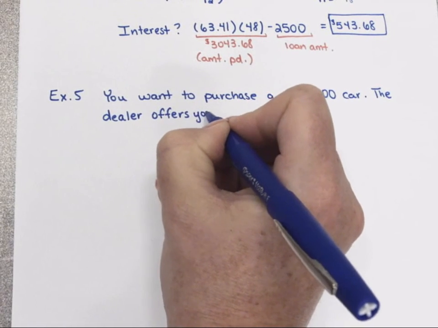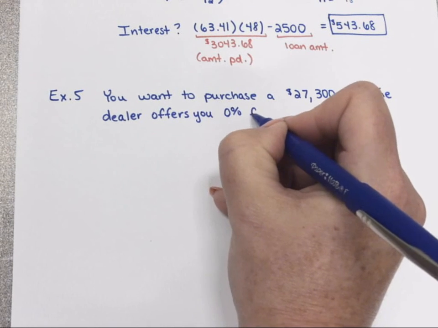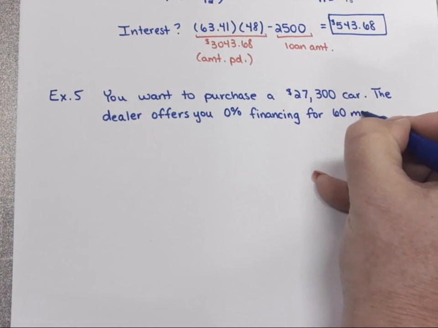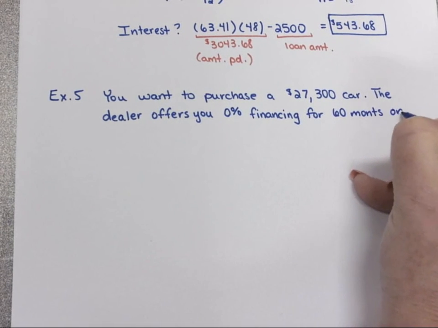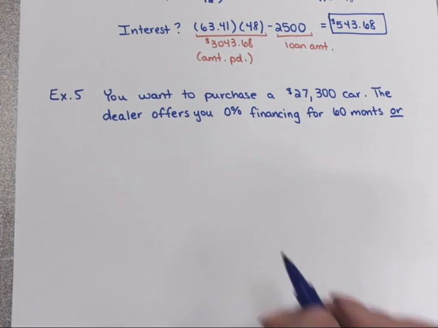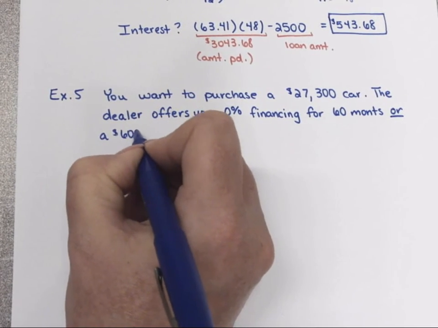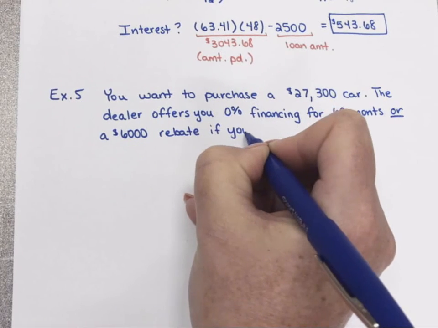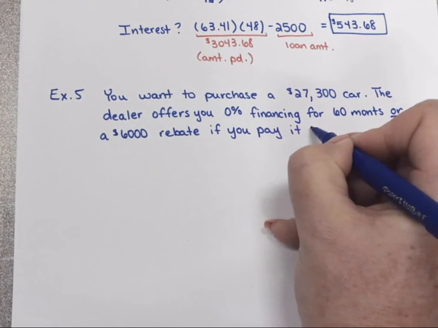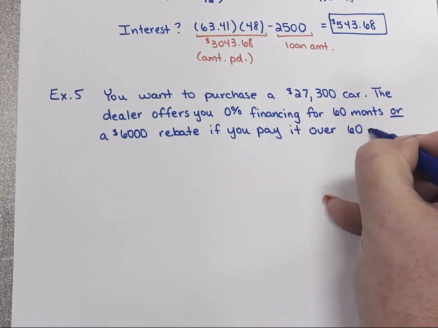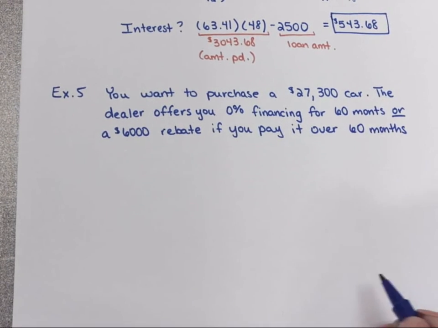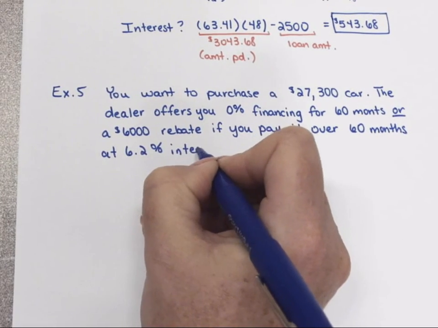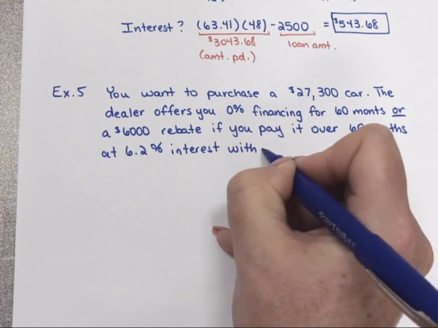So the dealer offers you 0% financing for 60 months, or a $6,000 rebate if you pay it out over 60 months at 6.2% interest, with payments made monthly.